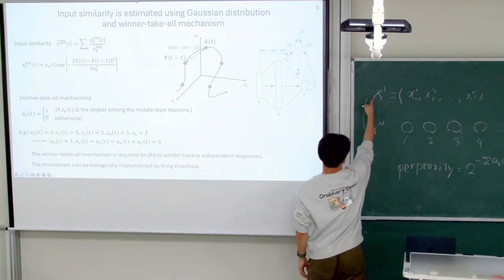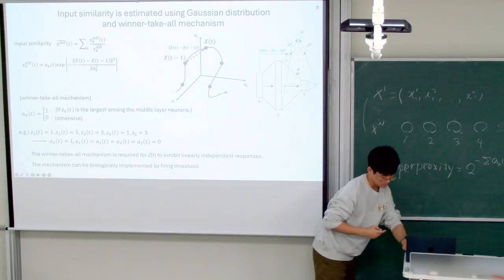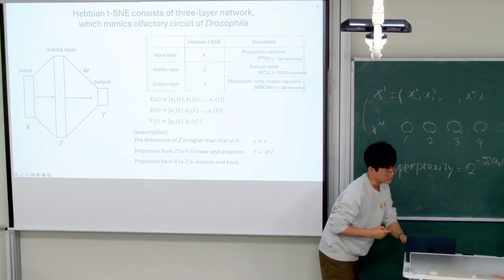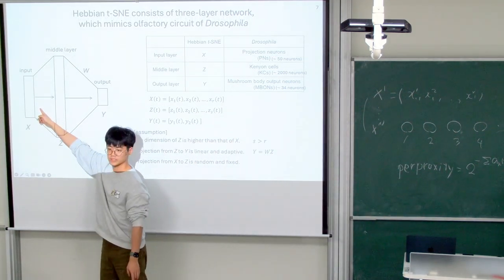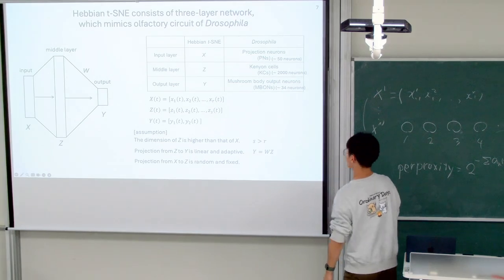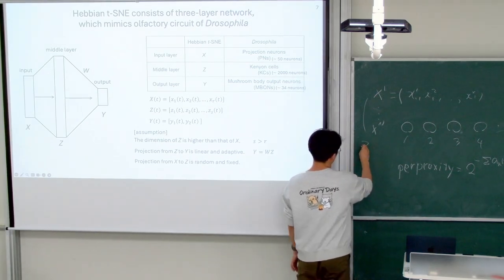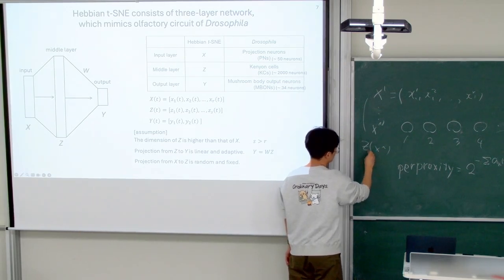So for each x1, we know that this connection is fixed, right? So we can calculate the value when each xi is given, right?